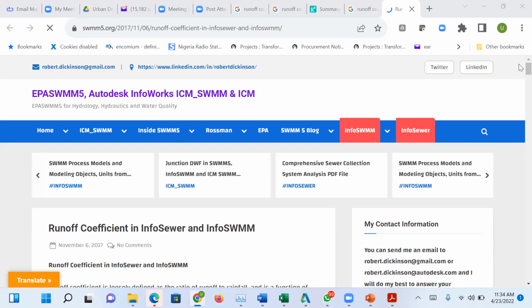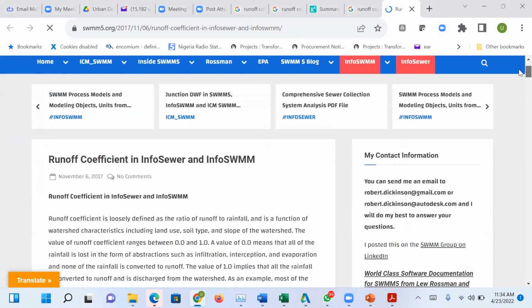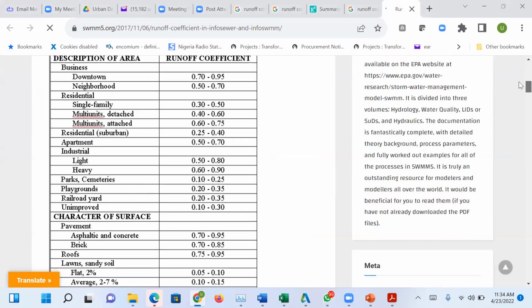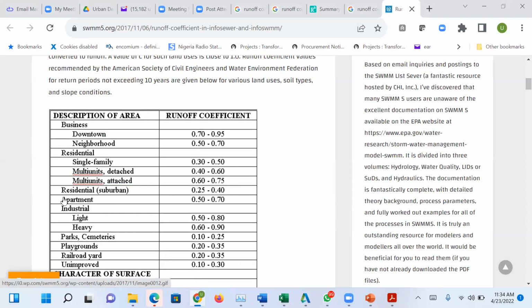Okay. Oh, look at this one. It is even using it for stream design. Yeah, can you see it? So look at it. Say residential suburban. It's advising you to use runoff coefficient of 0.25 to 0.5. Where you have apartments, 0.5 to 0.7. I didn't see this before I advised you to use 0.6. So you can see that I've been justified.